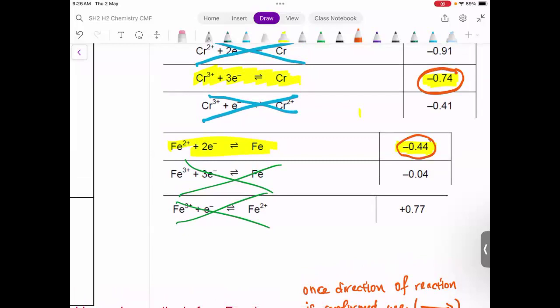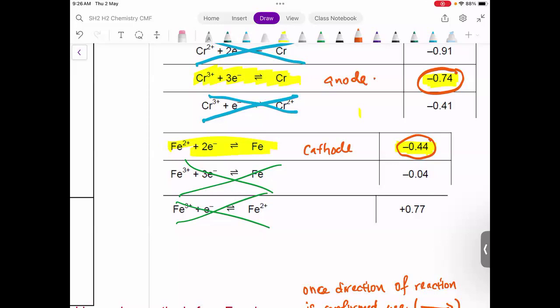The iron, because it's a more positive E naught value. Do not get confused. Negative sign here means less negative, in other words, more positive. Some of you are confused by the negative sign. You have to choose the one that is more positive, less negative. So this will be the cathode, and of course this will be the anode.